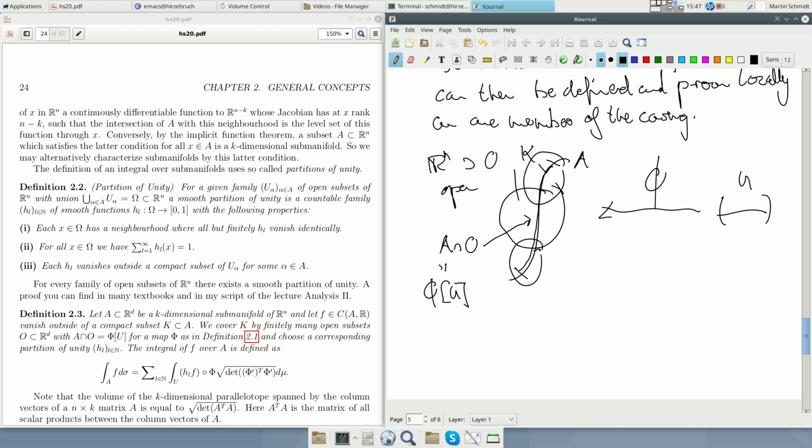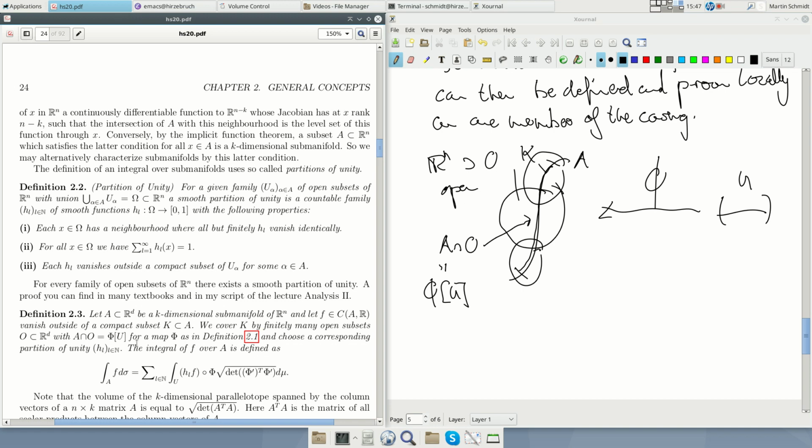And since it's compact, we can cover it by finitely many.